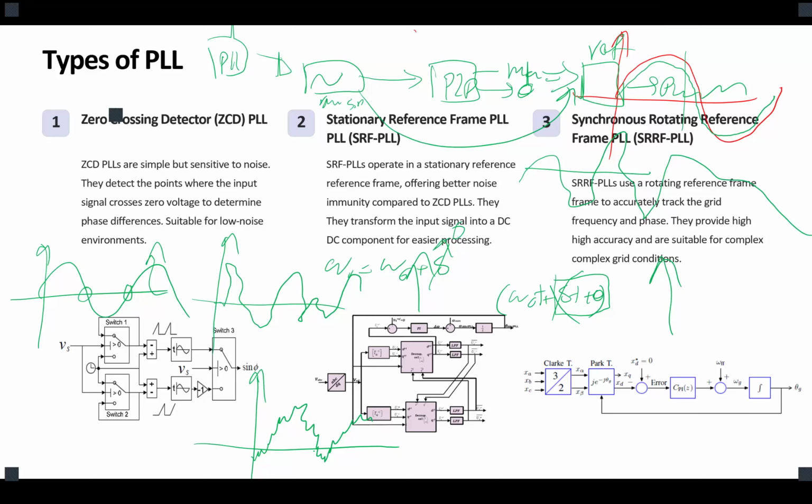What the stationary reference frame PLL does is that it tries to observe the waveform, multiply it by a sine once and by a cosine in another way, then compare and use the sine version and cosine version in order to detect the omega at each time. You don't need to worry about the mathematics. I think I already put that in a reference book. There is a description about the SRRF.